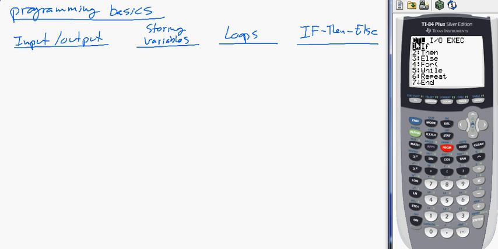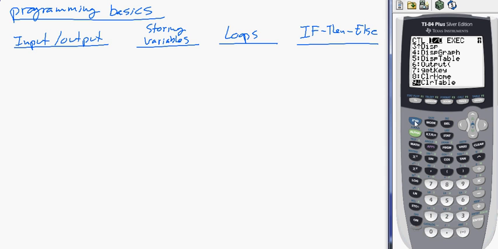It's going to give us control, input, output, and execute. So here's where all the commands kind of live, right? And input, output, I believe, is where clear home is. Right, there it is. And you can just hit enter, and it'll put clear home onto your screen.